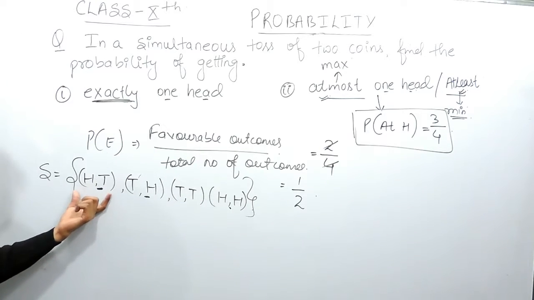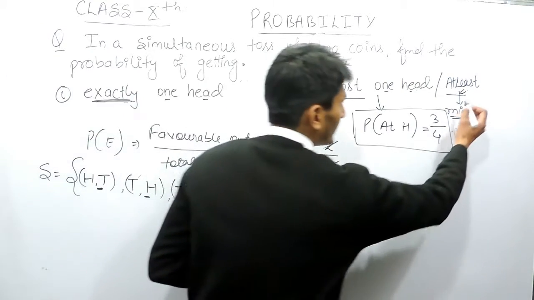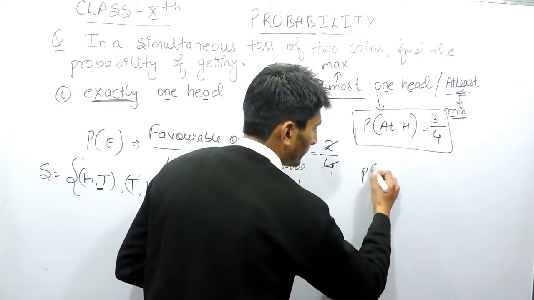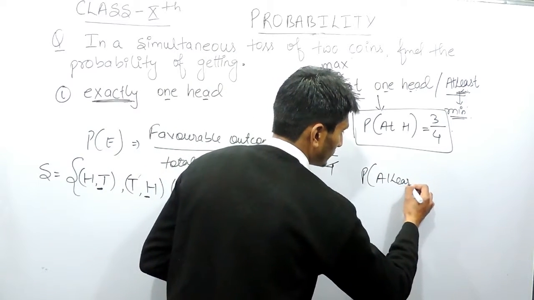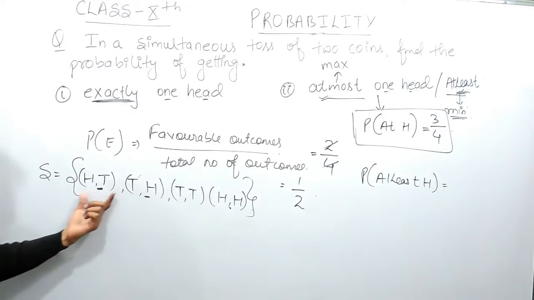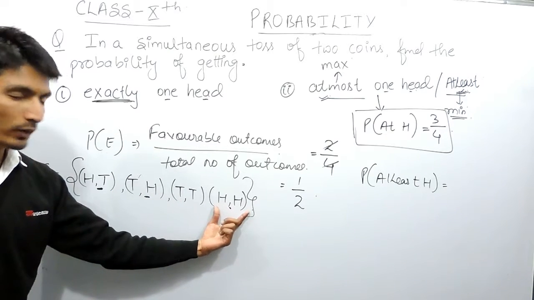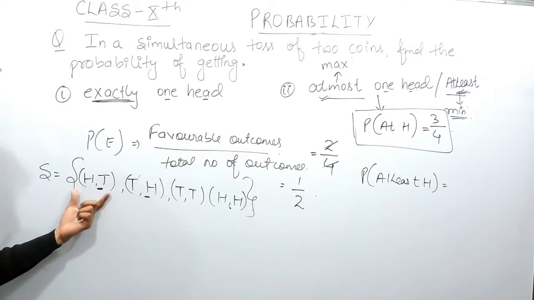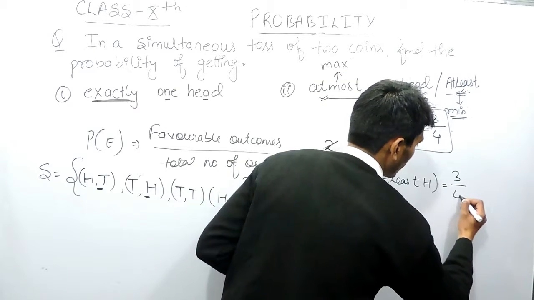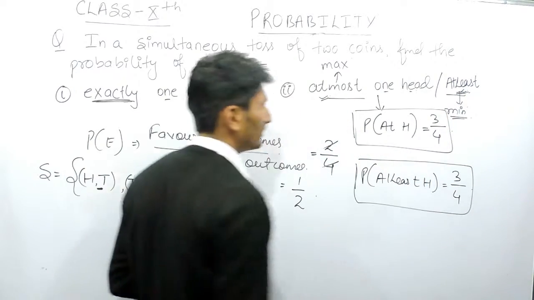So we can say that there are three favorable outcomes when we have to find the probability for at least one head. So the probability for at least one head will again be equal to 3 by 4, as the favorable outcomes are 3 and the total number of outcomes are 4. So this is the probability for having at least one head.